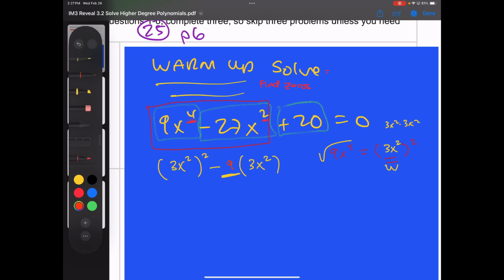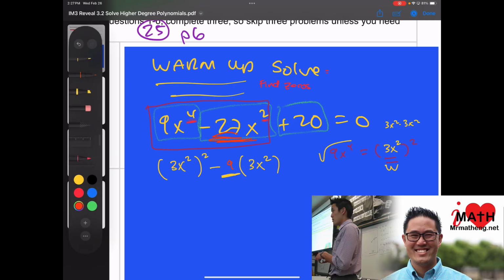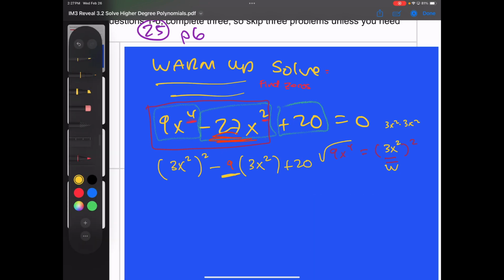A negative 9. Negative 9 times 3x squared gives you negative 27x squared. And this will be 20. Now let's go back and use our substitution. Instead of writing 3x squared, we're going to write what? W squared minus 9w plus 20. Does that look a little bit more manageable?